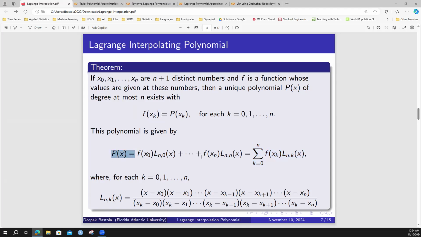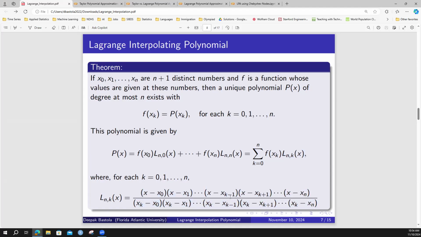So the terms here in the Lagrange interpolation formula, f(x0), are the evaluated values of the function at x0 and x1 up to xn, and this L_{n,k} is something derived with this formula. Okay. All right.